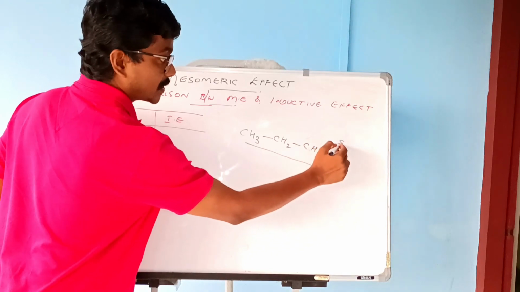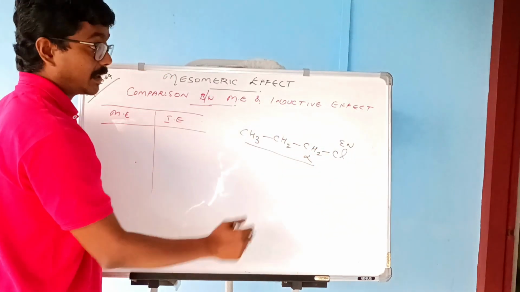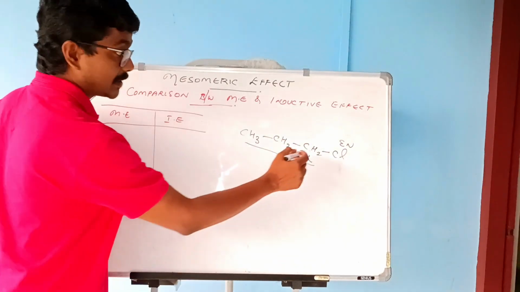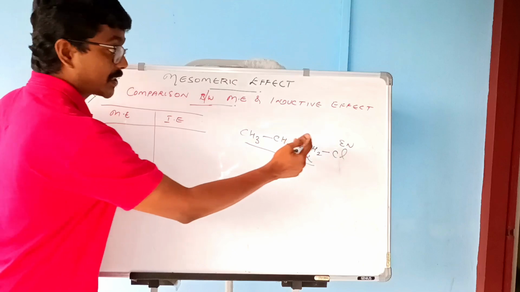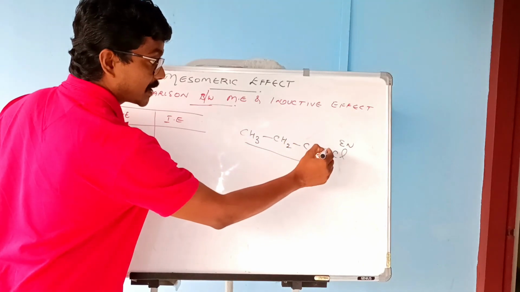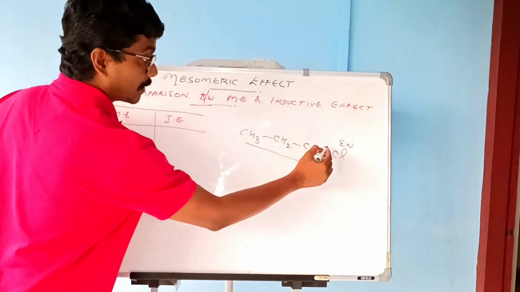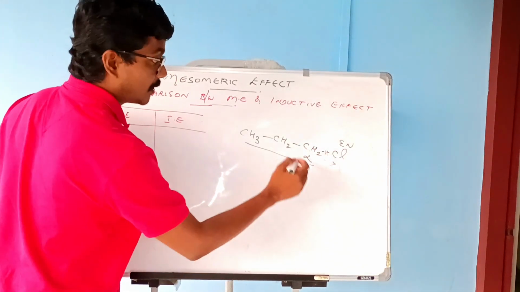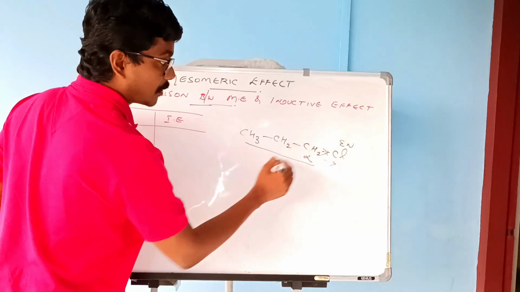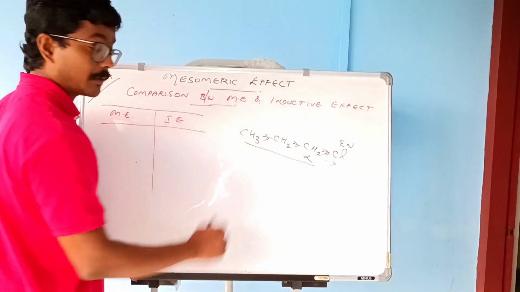The chlorine has higher electronegativity than the alpha carbon atom, that is the first carbon to which it is bonded. As a result, the shared pair of electrons in the covalent bond between chlorine and the carbon atom is attracted more towards chlorine itself. As a result of that, this electron will go there, this will move there, and this will go there.